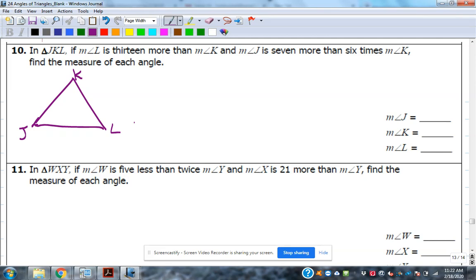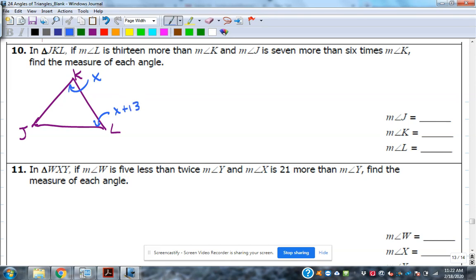Measure of angle L is 13 more than the measure of angle K. And then it says the measure of angle J is 7 more than 6 times the measure of angle K. What's everything stemming off of? K. So I'm going to call measure of angle K my x. And then the measure of angle L would be x plus 13, right?